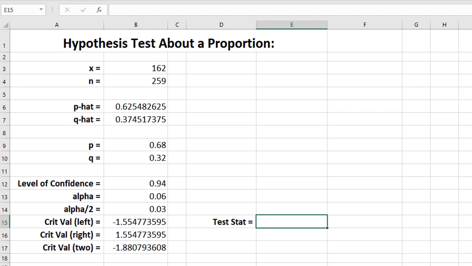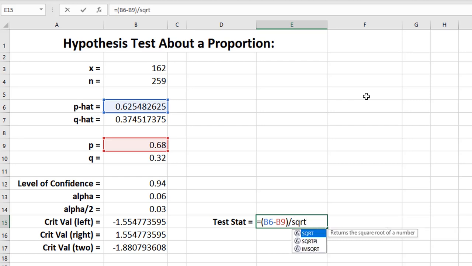So the test statistic will equal, going to open parentheses for the entire numerator, and you can put the video back to the actual formula, but it's p hat minus p over the square root of p times q over n. So this will equal, open parenthesis, we take p hat minus p, close parenthesis, divided by, now you should know the square root function is just sqrt, open parenthesis.